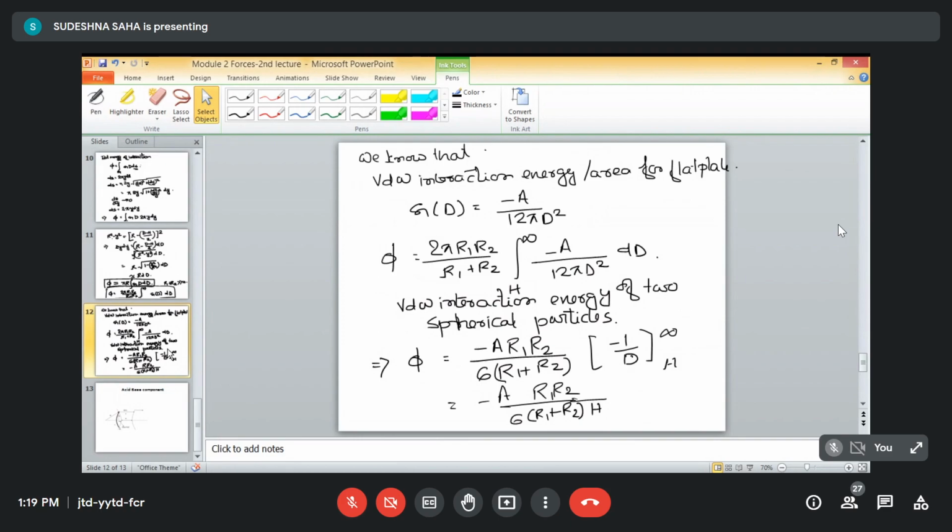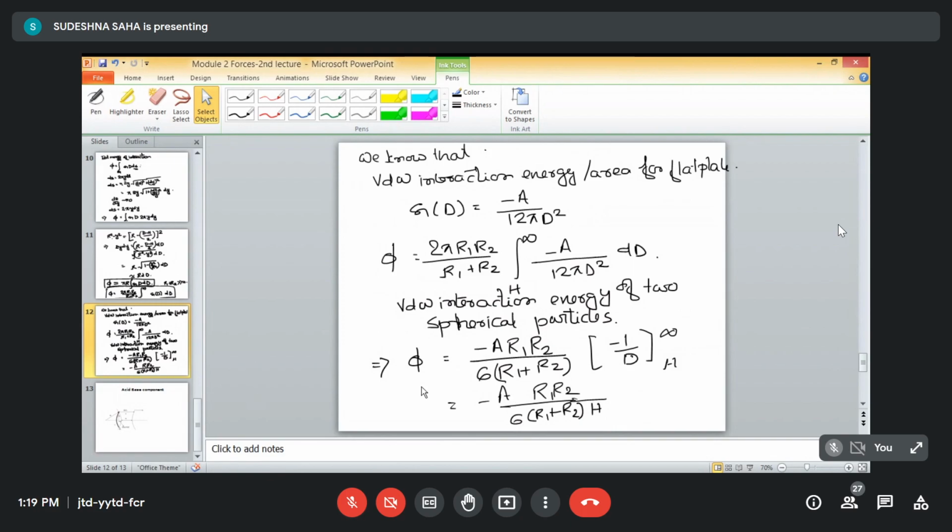That means although these forces are directly dependent on the material that gets involved, that is very important for that calculation, because the effective Hamaker constant will be different for different materials, right?